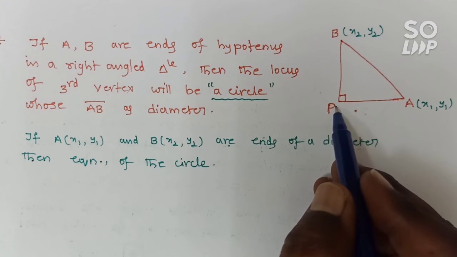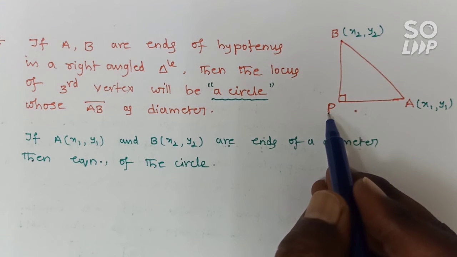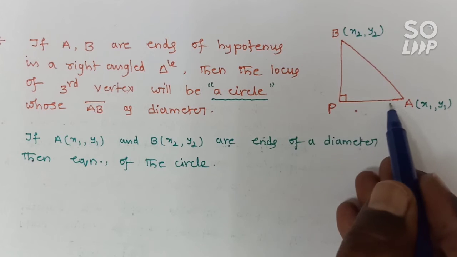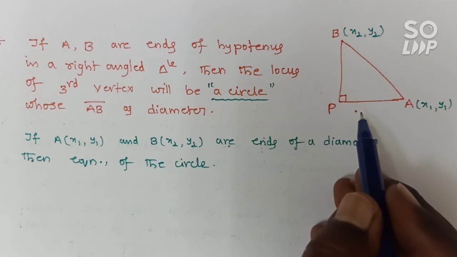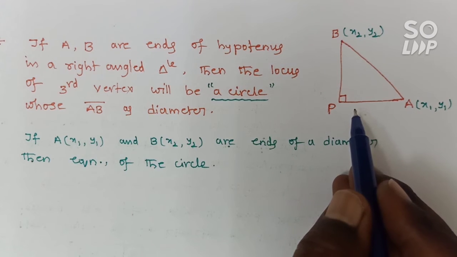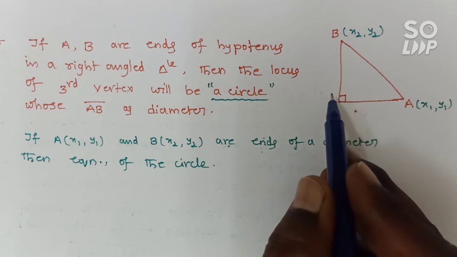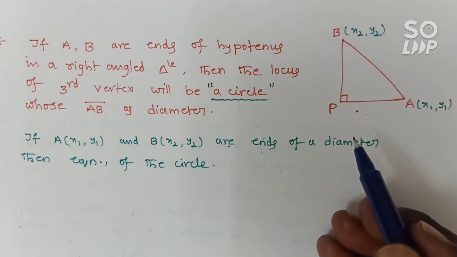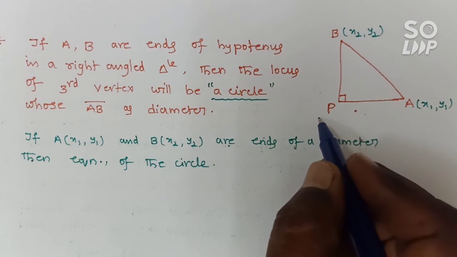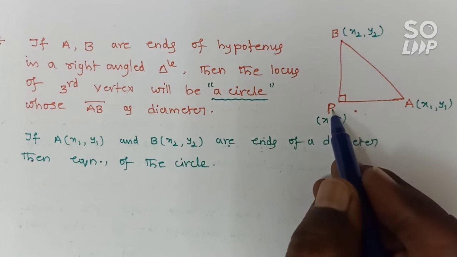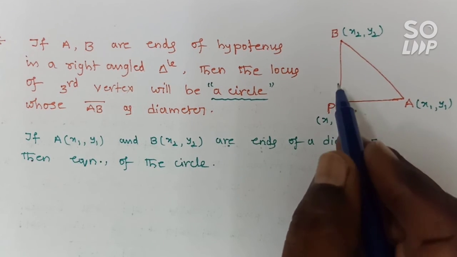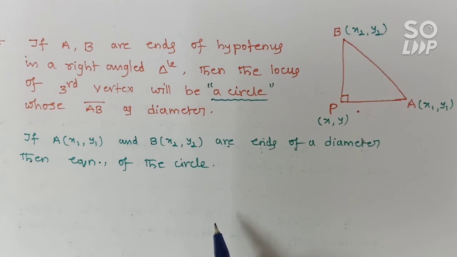Here take the point P as x, y. AP is perpendicular to PB. If two sides are perpendicular, obviously the product of their slopes will be equal to -1. So here you take this point as x, y, right? Slope of AP into slope of PB is equal to -1.